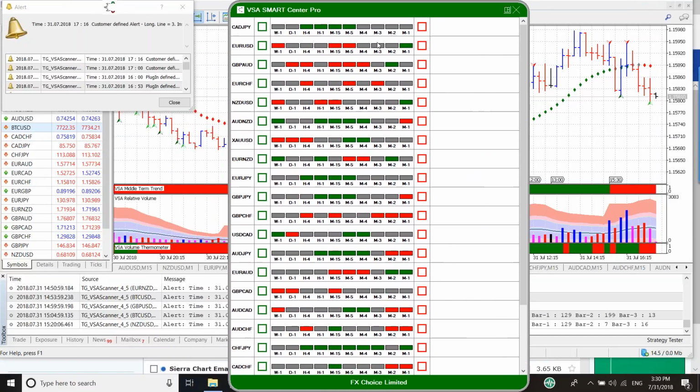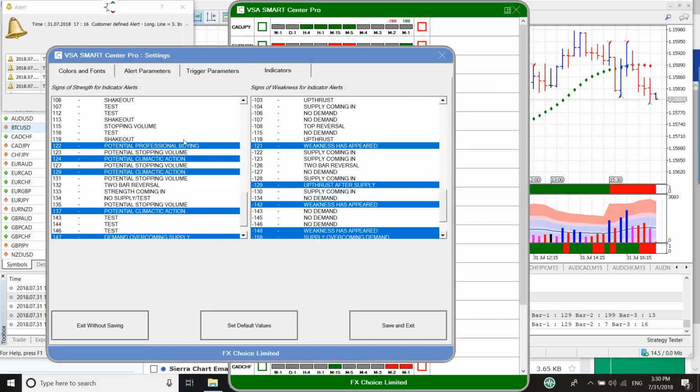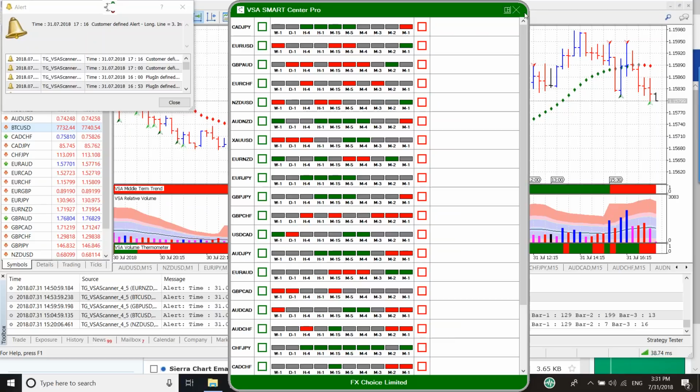So in the Smart Center Pro version, I'm monitoring all of these different time frames. Anytime I get an alert in any of these time frames, which are the main ones that I use, and if I put the settings up, you'll see the indicators I'm looking for are all climactic indicators, which means they're massive volume indicators, which is why we call this strategy TopBot, because it's looking for market turning points.